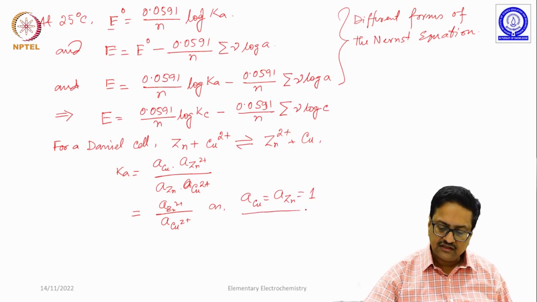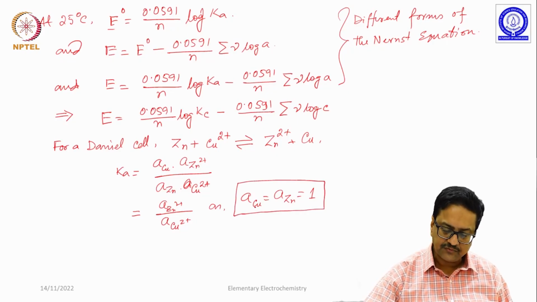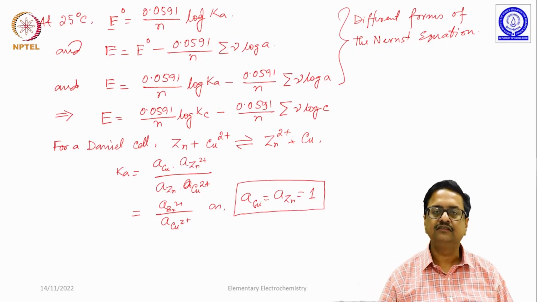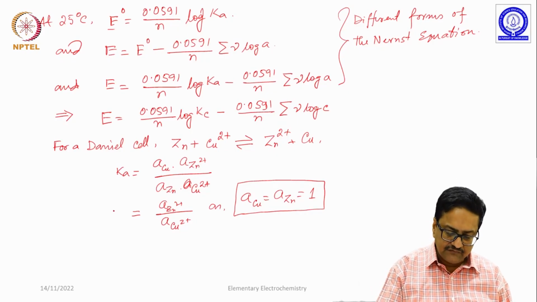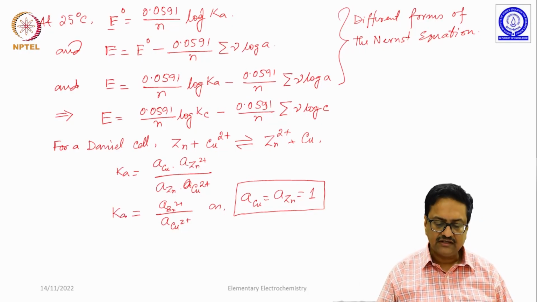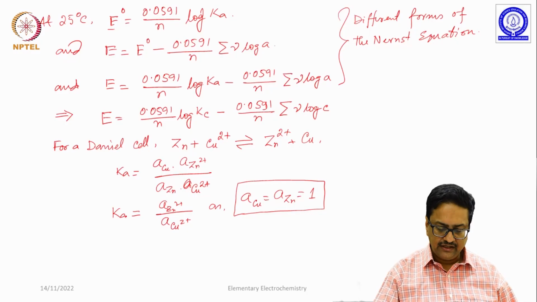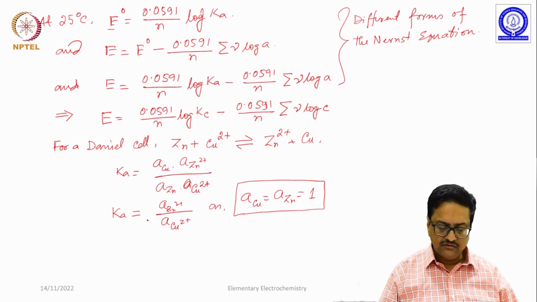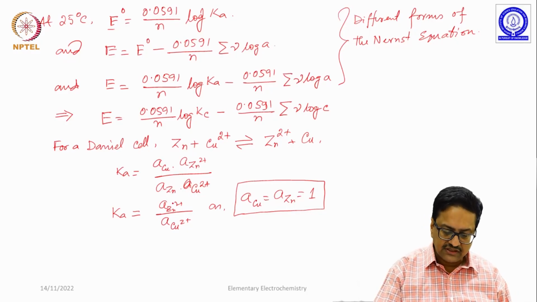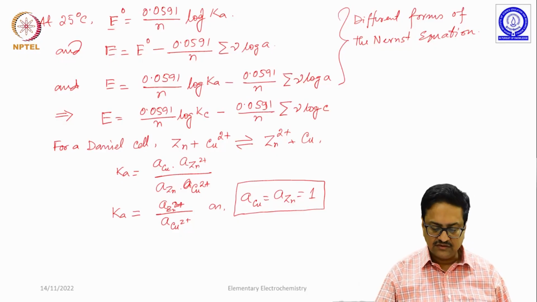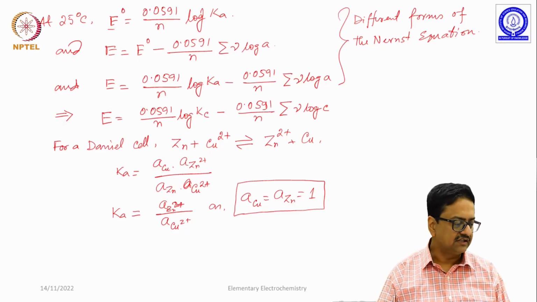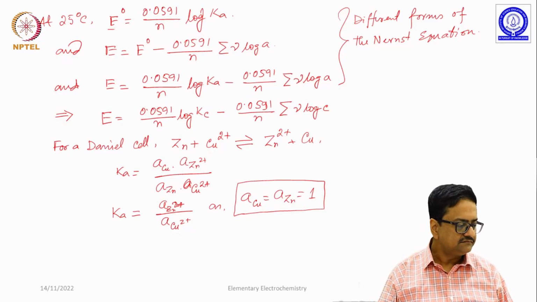So using this assumption that the activity of pure substances is always 1, one can eliminate them and write this expression as Ka equal to activity of Zn2+ divided by activity of copper 2+, right?